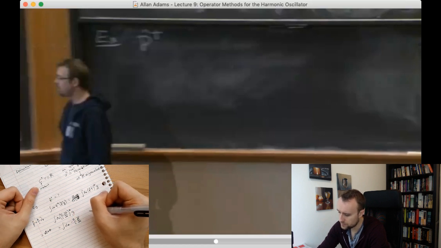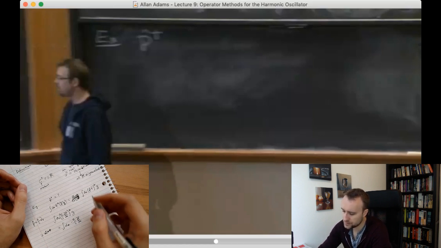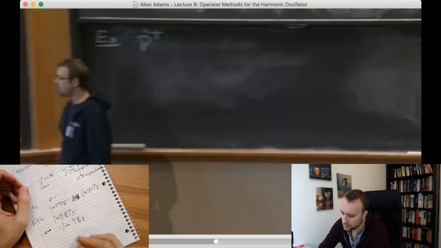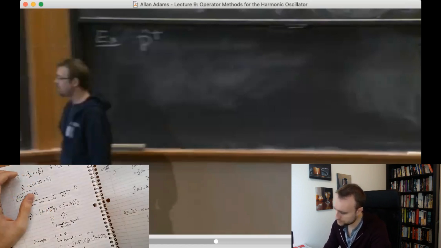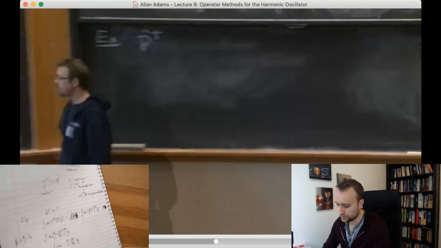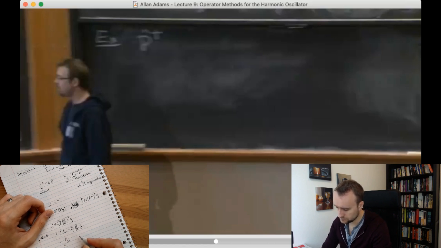But we know from the derivative operator that the derivative for normalizable functions is going to be this negative derivative. So this should be equal to h bar over i.